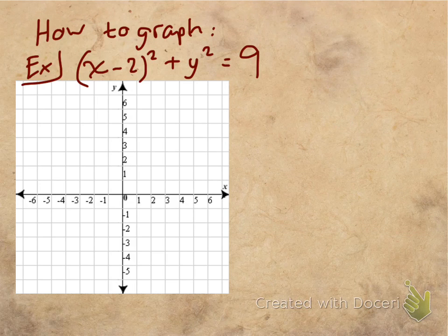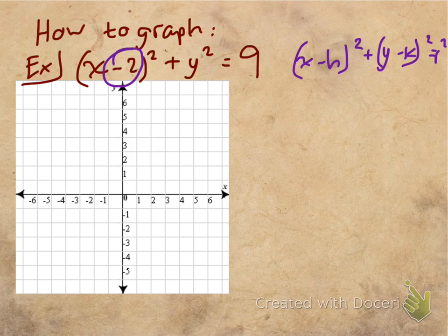All right, let's do an example. This one's different, they give you the equation, and they want you to graph it. So again, let's analyze what the equation says. (x - h)² + (y - k)² = r².